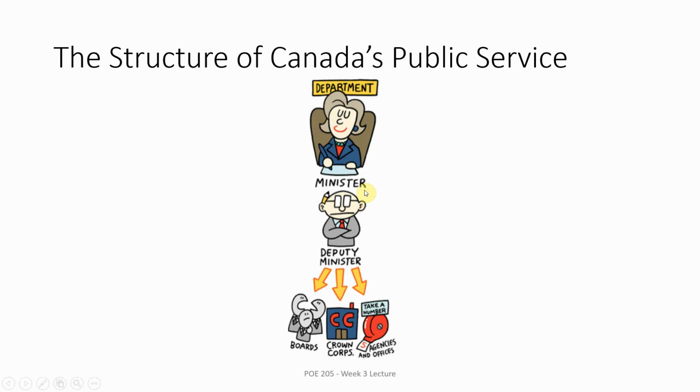Now, underneath the minister is the deputy minister. The deputy minister is not elected. They are a career public servant who then manages the ministry on behalf of the minister. And there might be boards, crown corporations, other agencies and offices then underneath the deputy minister.